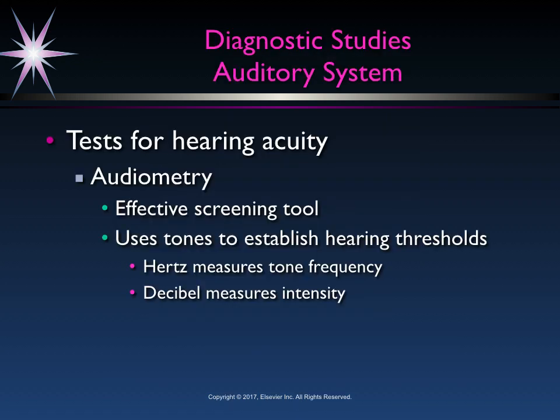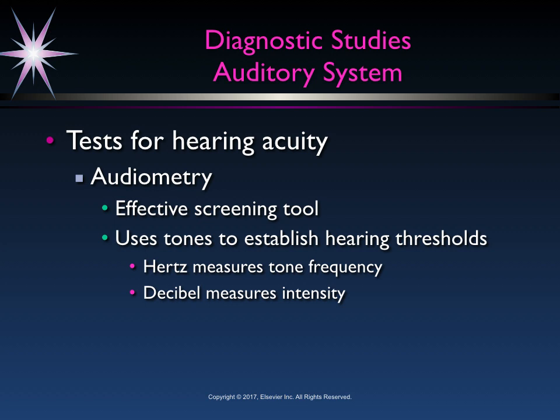Some of the tests that we use for acuity include audiometry, which is a very effective screening tool. It uses tones to establish hearing thresholds. It is reported in hertz. That measures the tone frequency, so the different, whether it's a high-pitched tone or a low-pitched tone.